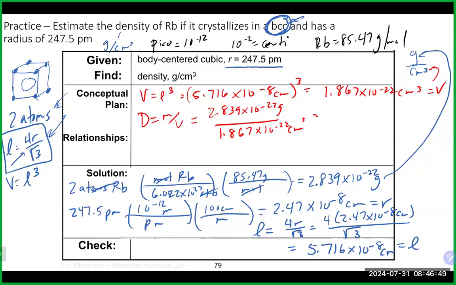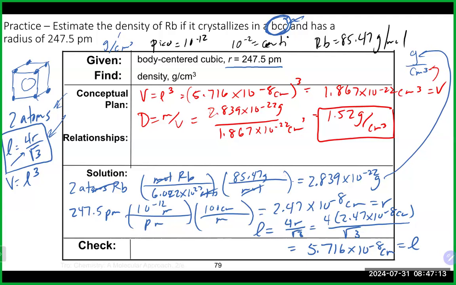And that is going to give us 1.52 grams per cubic centimeter. Any question on that calculation? So it is pretty straightforward in the sense of calculating density.